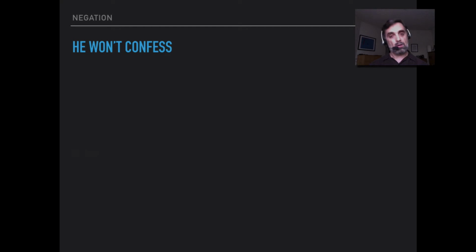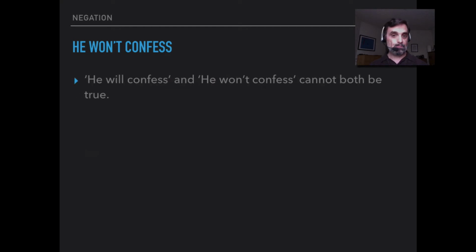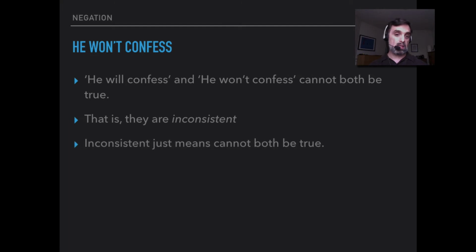Consider also the sentence, "He won't confess." "He will confess" and "he won't confess" cannot both be true. If one is true, then the other has to be false, no matter what. In any situation whatsoever, they're not both true. We can summarize that by saying that they're inconsistent. When we say inconsistent, we just mean they cannot both be true.